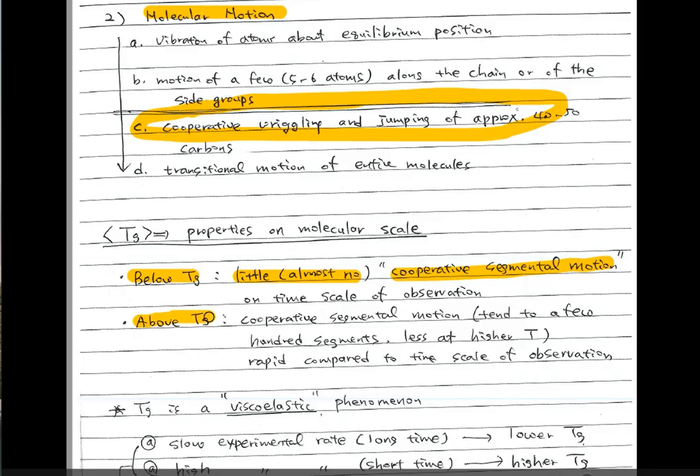On the other hand, above Tg, there are cooperative segmental motions, tens of, even up to a few hundreds of segmental motions. So Tg is the temperature at which these kinds of cooperative polymer segmental motions exist or don't exist. That's the boundary.